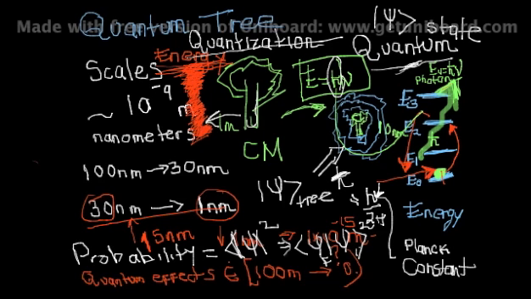the quantization comes from the discretization of the energy, and also the quantization is an effect that appears when we assume a boundary.